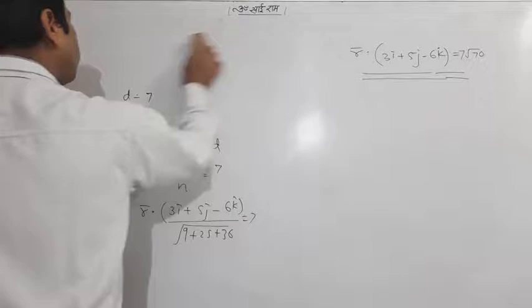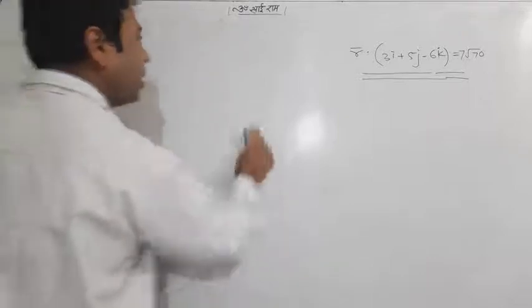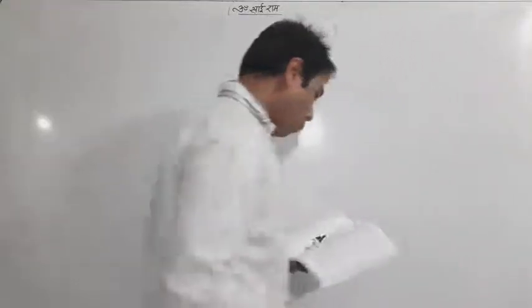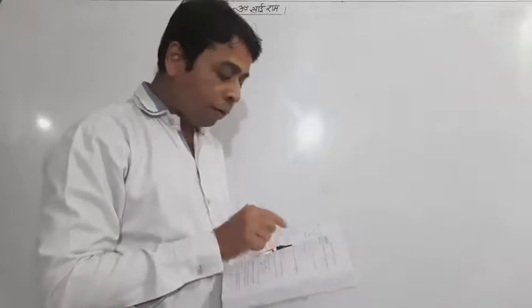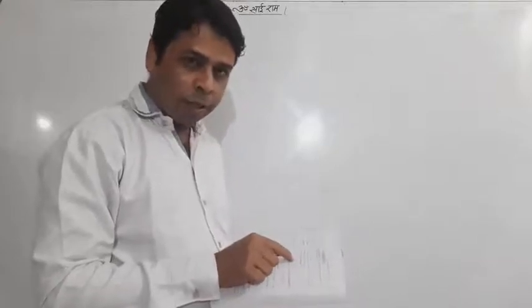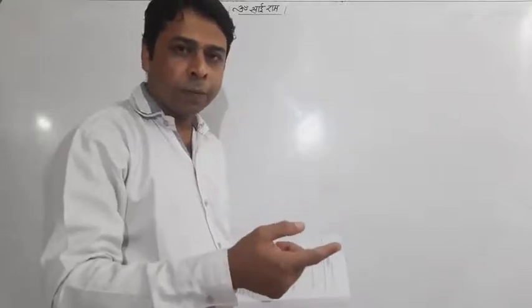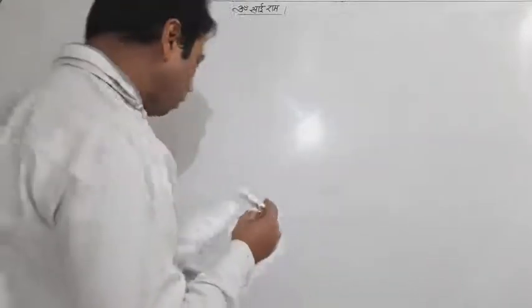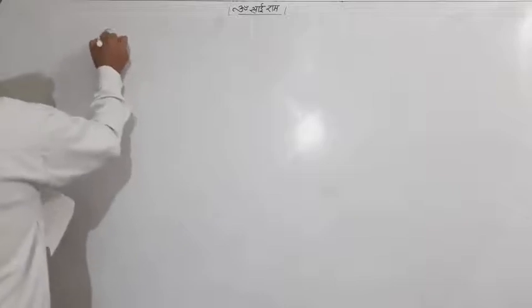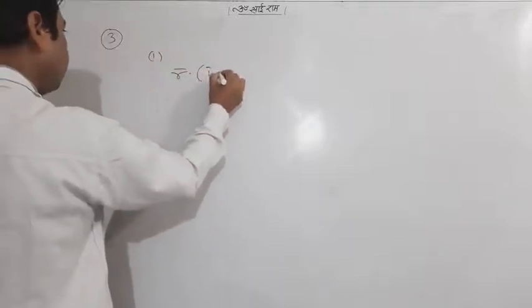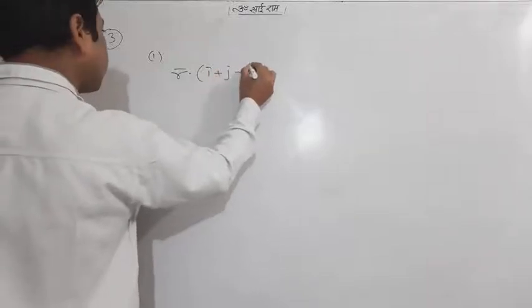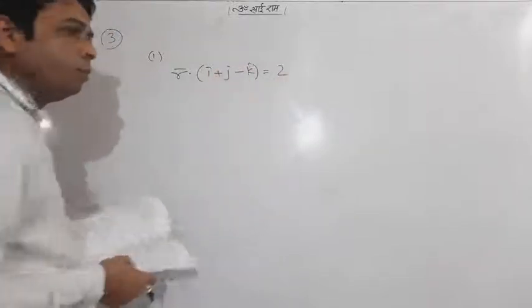Okay. Now the next question is very easy. In the next question, we are given the vector equation of the plane and we have to convert that into the Cartesian equation. So easy it is. How can we convert? I think you remember that. That's the third question. First I'm telling you only r dot i plus j minus k equal to 2 is there.